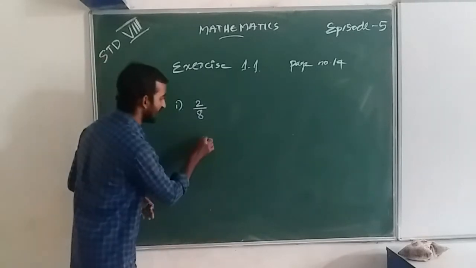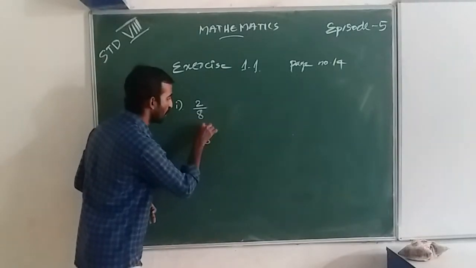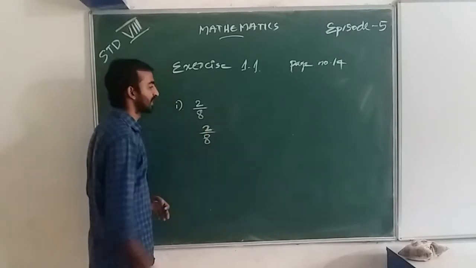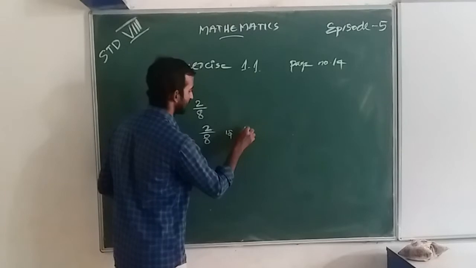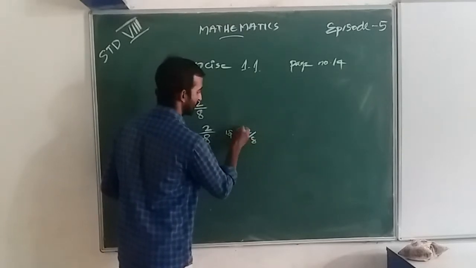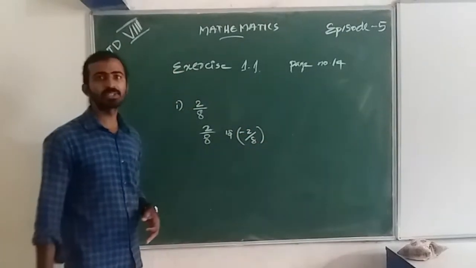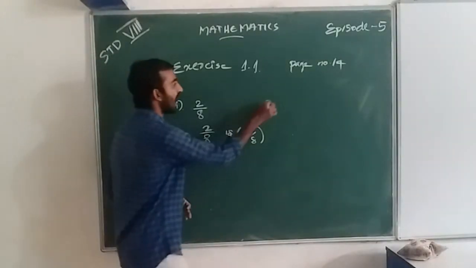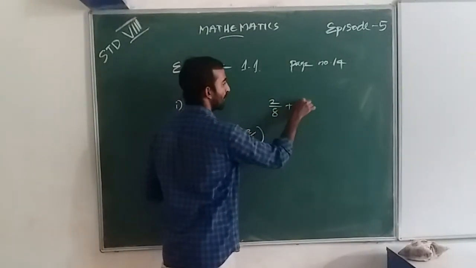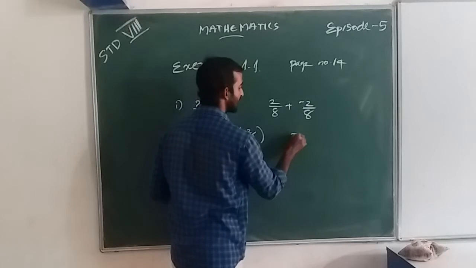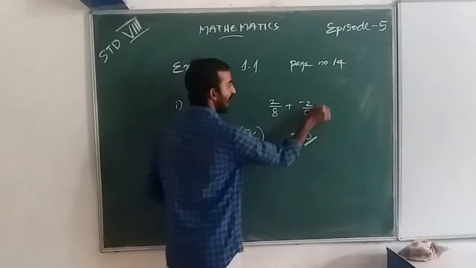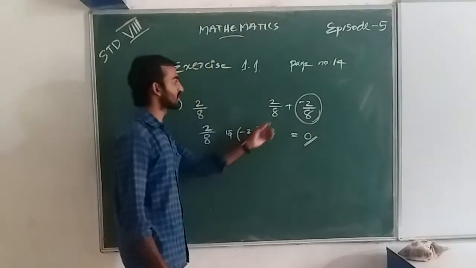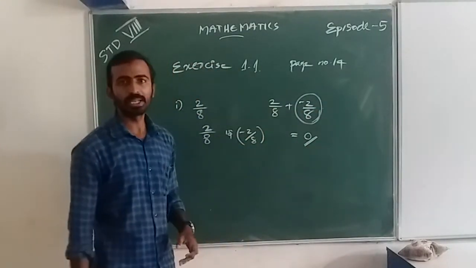The additive inverse of 2 by 8 is minus 2 by 8. When we add 2 by 8 and minus 2 by 8, we get the answer 0. So minus 2 by 8 is the additive inverse of 2 by 8.